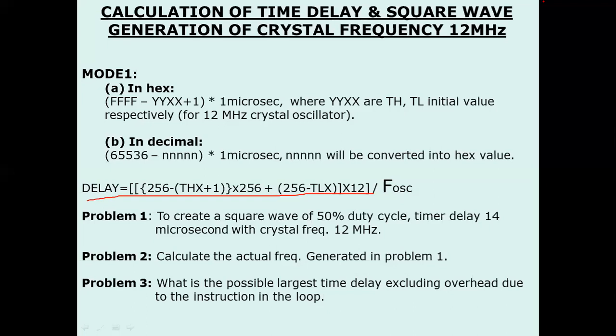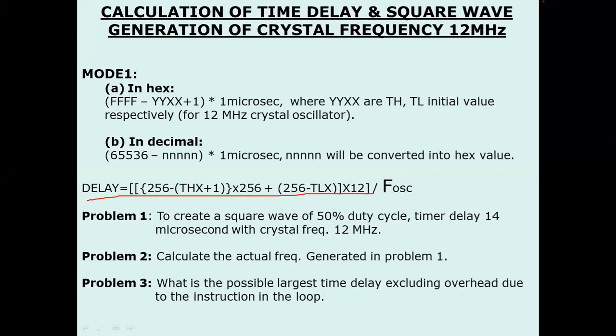Okay. So now in problem 2, you can see: calculate the actual frequency generated in problem 1. That means you need to put this 254 value, that is, the hexadecimal number FEH value. Sorry, I am telling wrong.